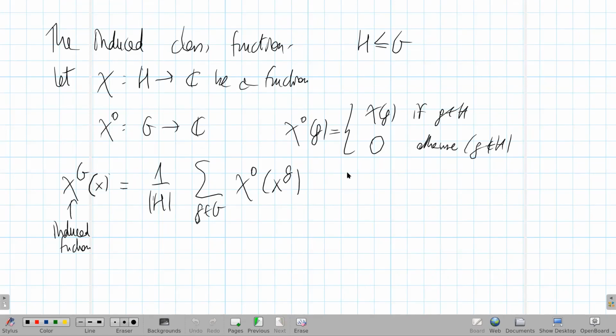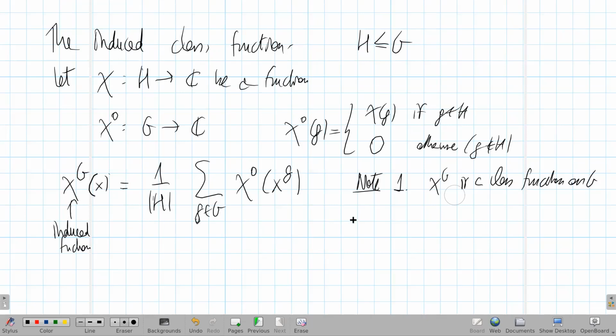A couple of notes. First of all, note that no matter what kind of function chi was, the induced function is a class function on G, meaning that it is constant on the conjugacy classes.